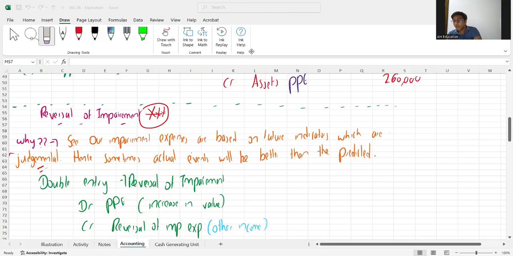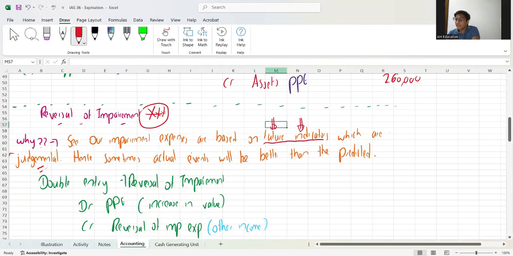Now, why do you do impairment? We do impairment because we fear that in the future, the market value or the recoverable value of the asset would fall. That is the reason we do impairment, right? Every year we will not do impairment. Only if there is an indicator in the future will we do impairment.